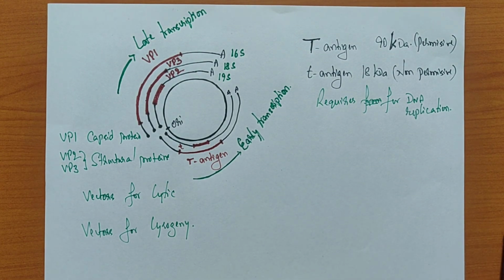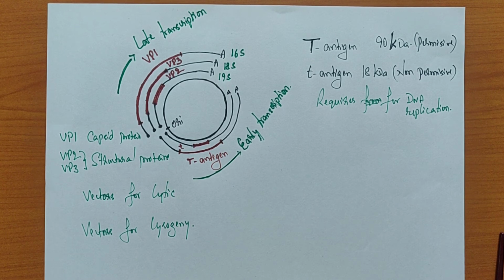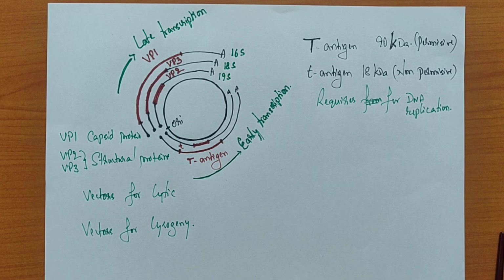I think I will stop at this particular point, and almost more than 98% of our syllabus has been completely covered. Starting from the molecular mechanism or the tools required for genetic manipulations, we discussed restriction enzymes, then the vectors are important.